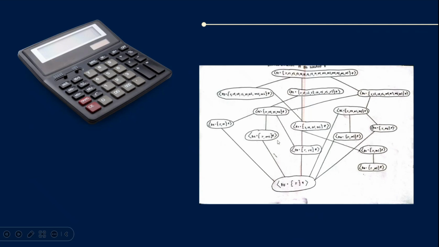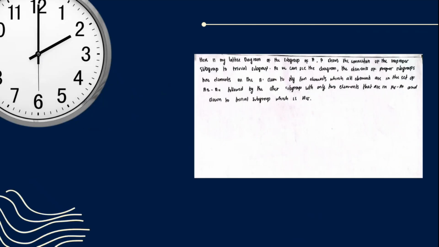Then this is A9, A10, A11, A12, A14, and down to A15. A15 is at the bottom. And here is the lattice diagram of the subgroups of A. It shows the connection of the improper subgroup to the trivial subgroup.